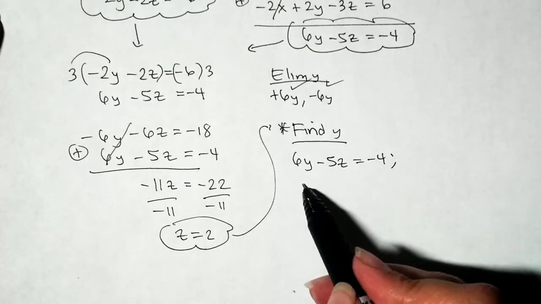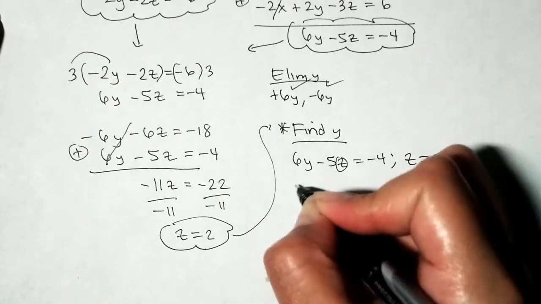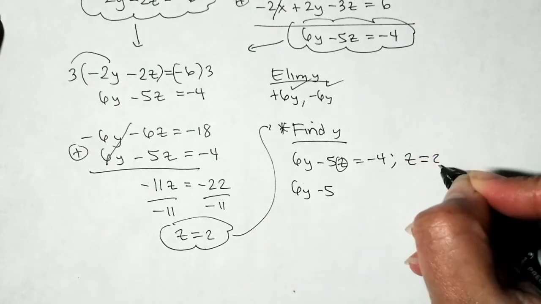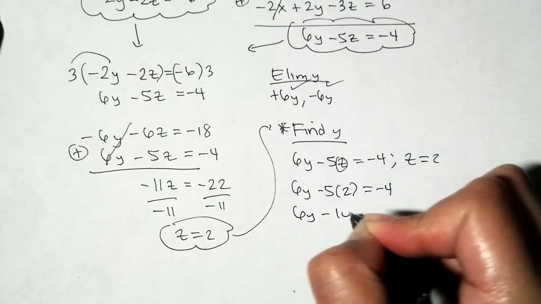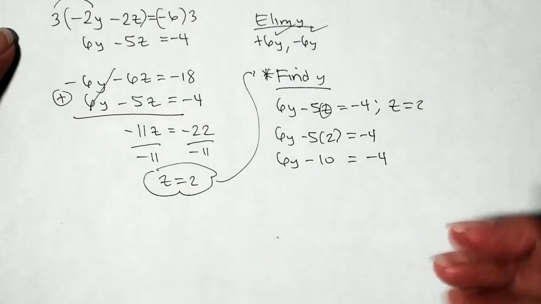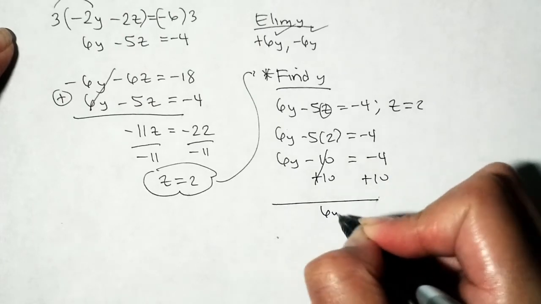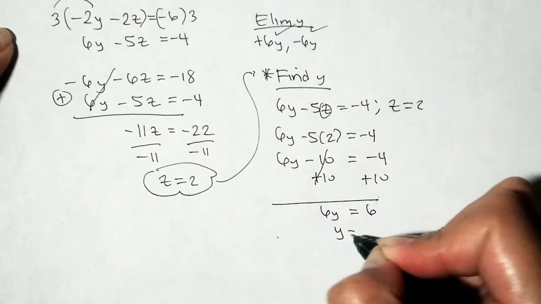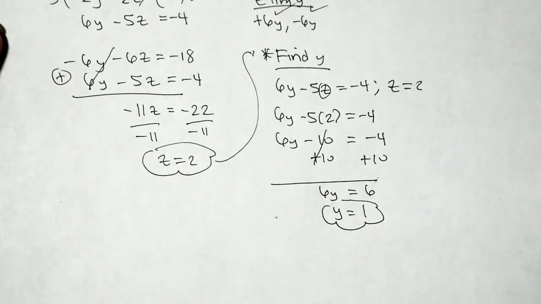We want to find y, so we're going to have to know the value of z, which is 2. So we have 6y minus 5 times the value of z, which is 2, equals -4. And that will leave us with 6y minus 10 equals -4. Work your magic. Isolate the variable term. And that will leave us with 6y equals 6. And when you keep your cool after you divide both sides by 6, that will give us 1.